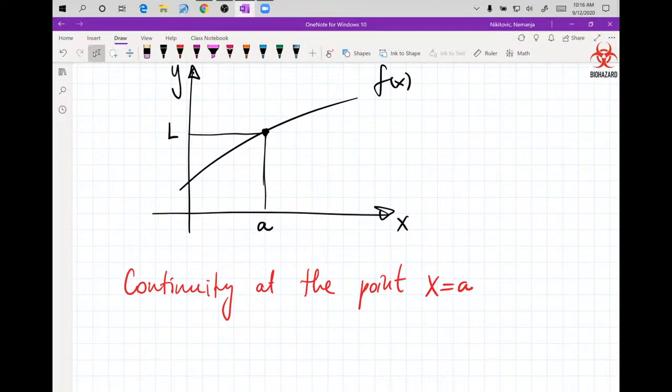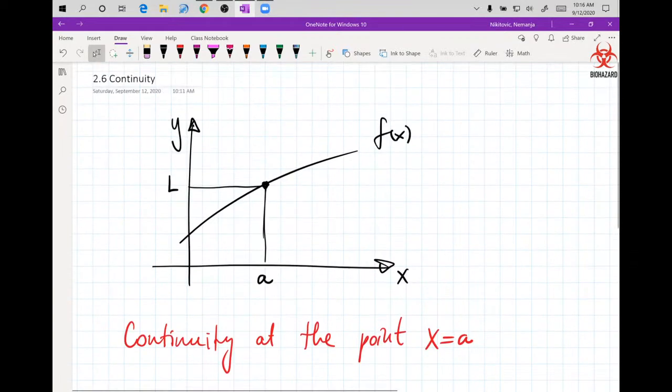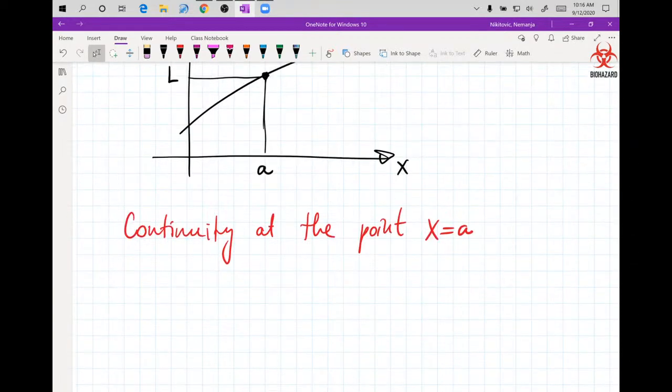So a function is continuous at a if these three conditions are satisfied. Condition number one, f of a must exist.